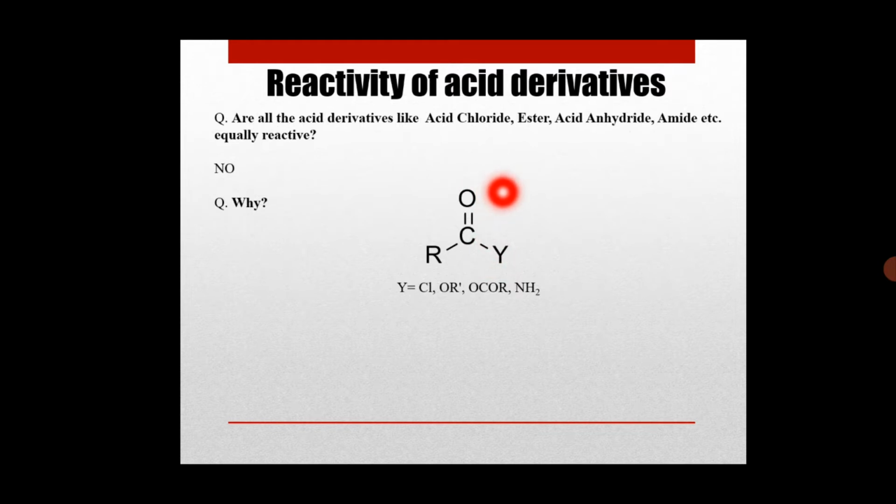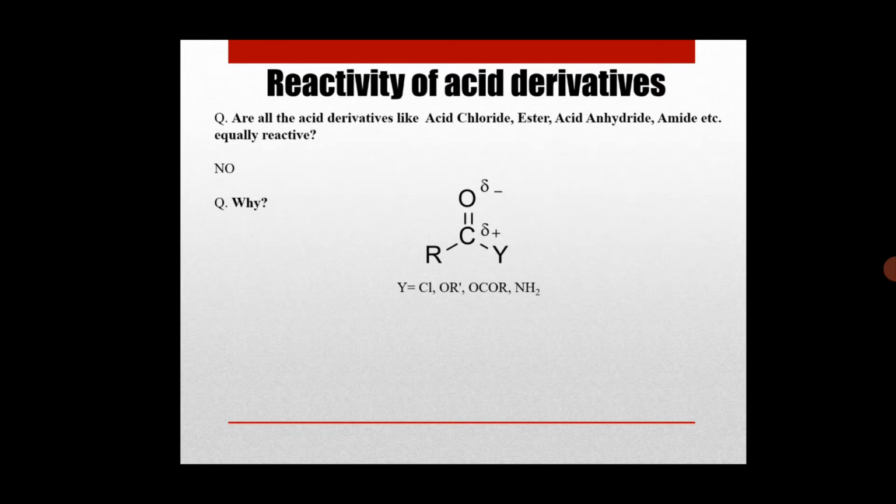And hence the electron density around the oxygen atom is more than that of carbon. And this makes oxygen gather a partial negative charge and carbon gathers a partial positive charge.